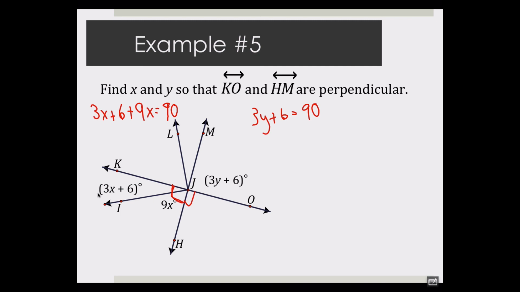Beautiful. Good. Okay. So you see the difference between the two problems. One of them, solving for the y, is just a straight up 90-degree angle, so we set it equal to 90. The other one is 2 complementary angles that happen to be adjacent. They add up to be 90, so we did just that, added them up, and set them equal to 90. 2 simple linear equations, both solvable.